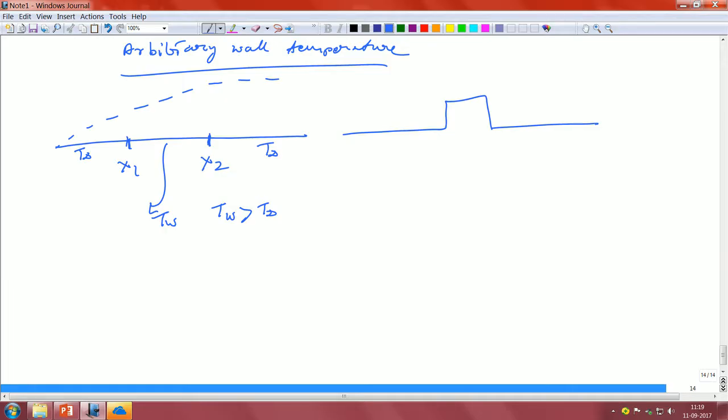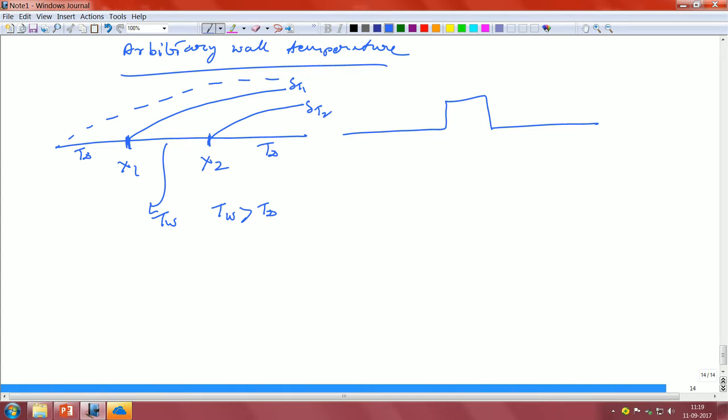So if the entire plate was heated from x1, at a temperature Tw, you would get a boundary layer which starts developing from here. Similarly, if the plate is heated from x2, you will have a thermal boundary layer which develops from there. Let's call it delta T1, and this is delta T2.